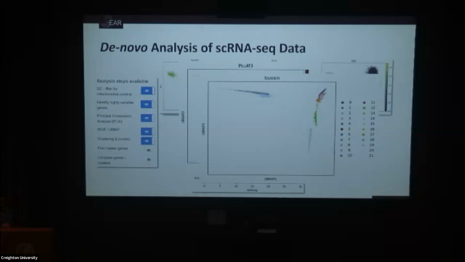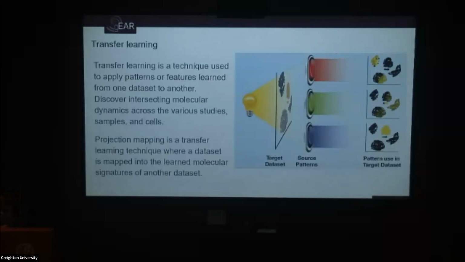Okay, and then trying to go through. One of the newer tools is transfer learning. This is an R package, a collaboration with another group at Hopkins called Project R. It sounds like it may be something similar to the Symphony package described in the last talk. But what it means is you can take patterns that are learned and use that with a new data set, a target data set.